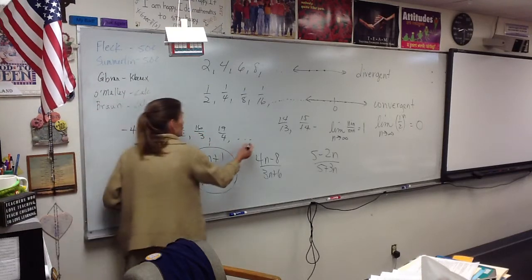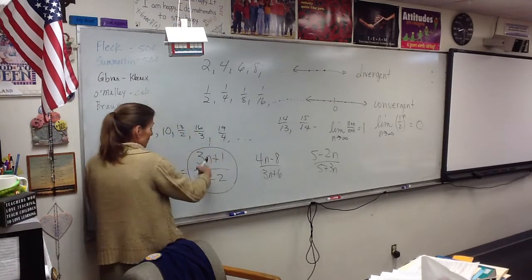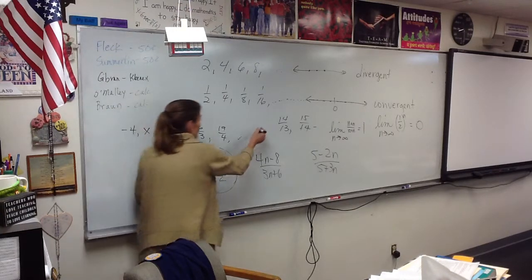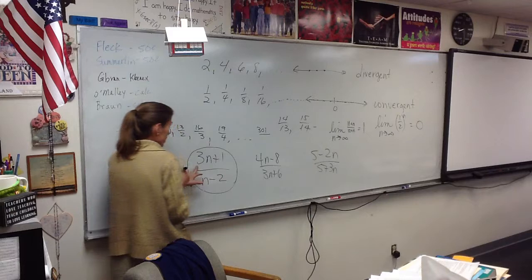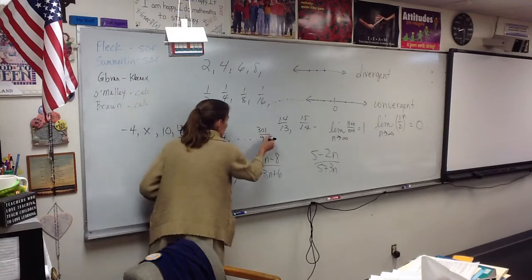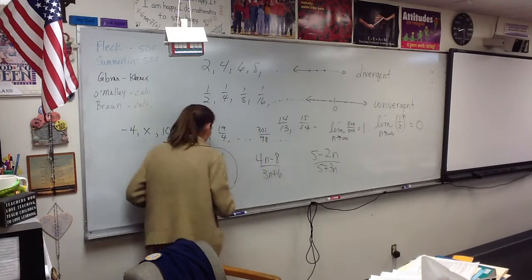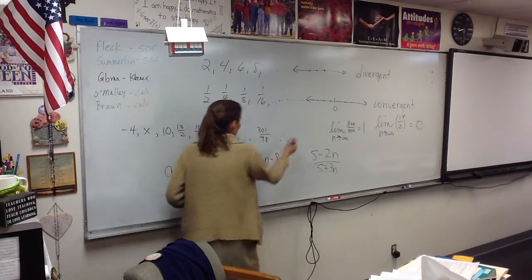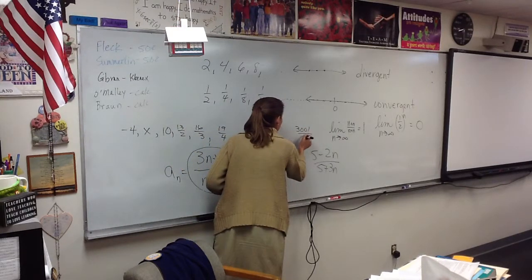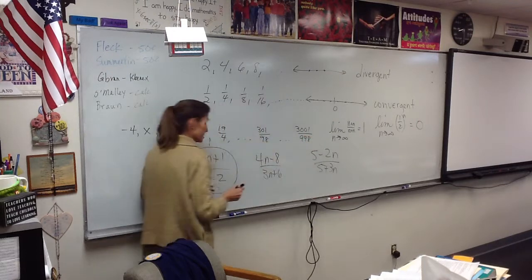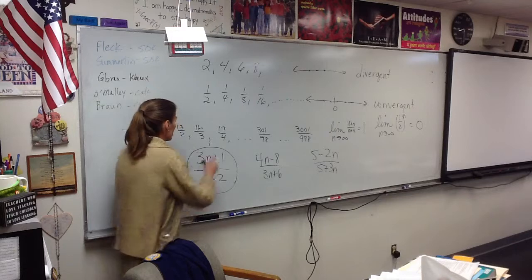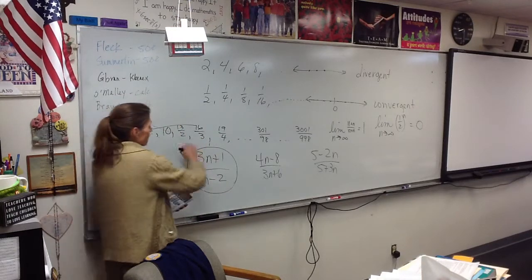What would be the 100th term? 301 over 98. What would be the 1000th term? 3001 over 998. Let's type these in. For this part, let's not even worry about this part, but let's look down here.